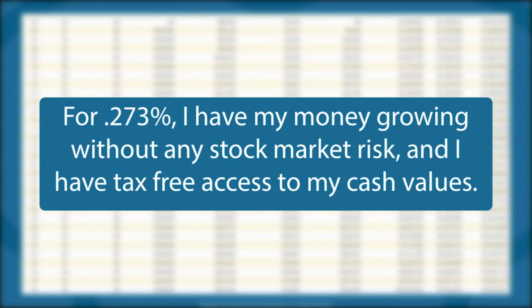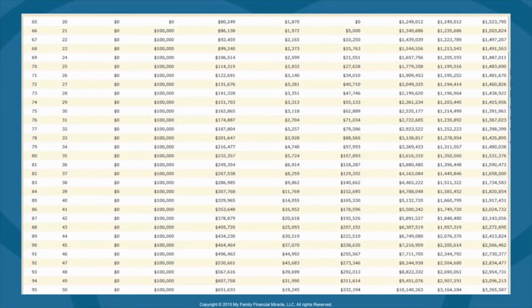For 0.273%, I have my money growing without any stock market risks because of the zero floor. I have tax-free access to my cash value and have upside potential in multiple index options. Or I can choose the fixed interest crediting option. Name another asset class that gives you just those options for about 1/4%. I'm telling you, it just doesn't exist.